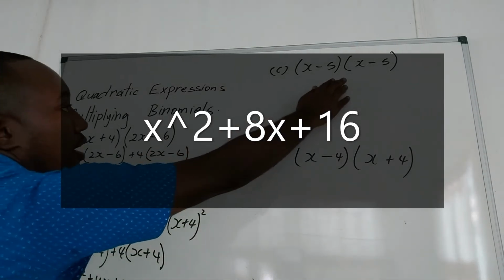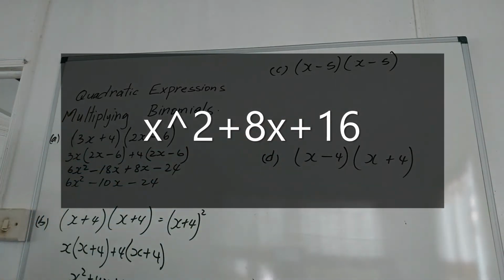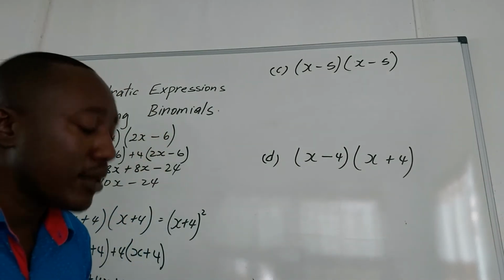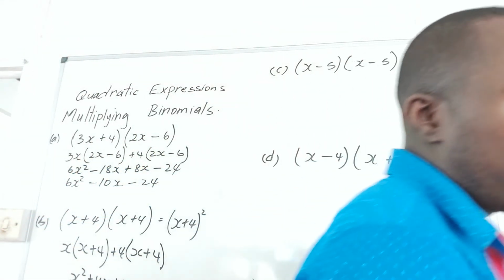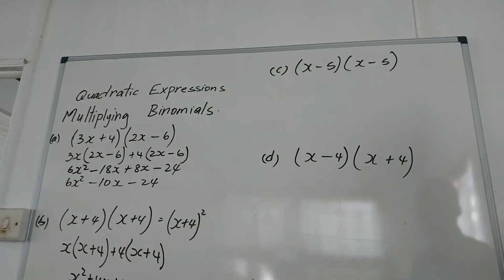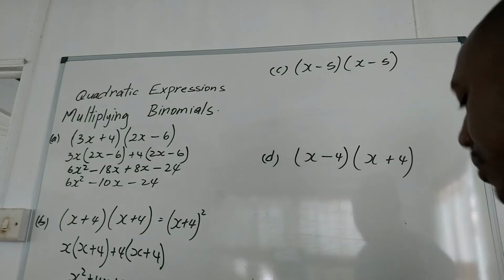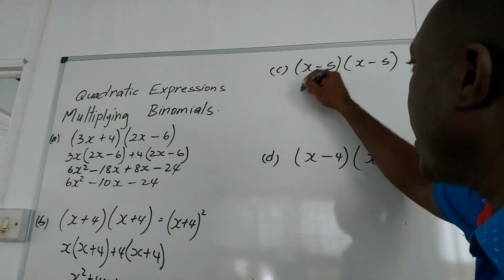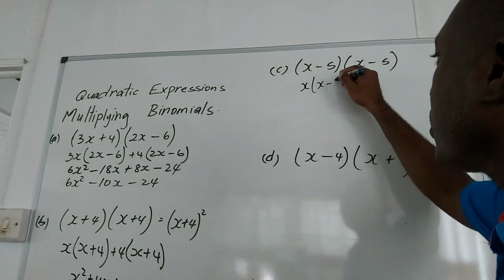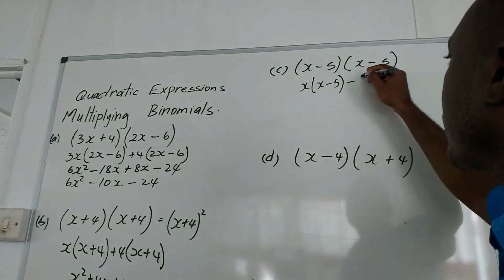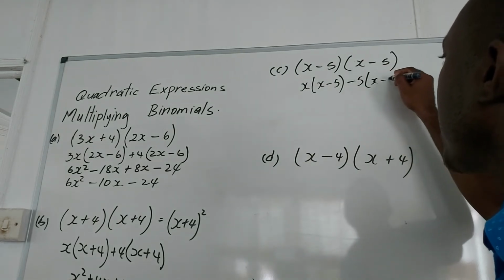Here we have another perfect square. We have x minus 5 times x minus 5. And we go the same steps as we did before. x times x minus 5, take 5 times x minus 5.